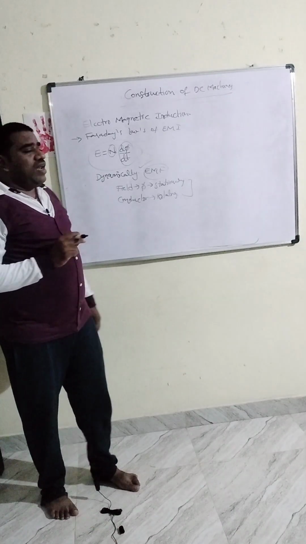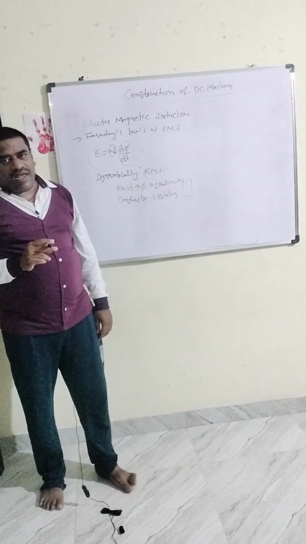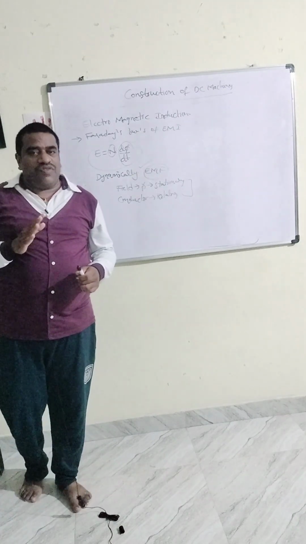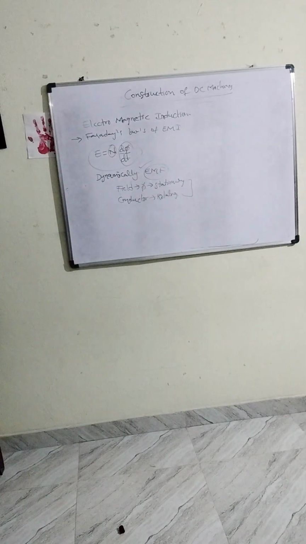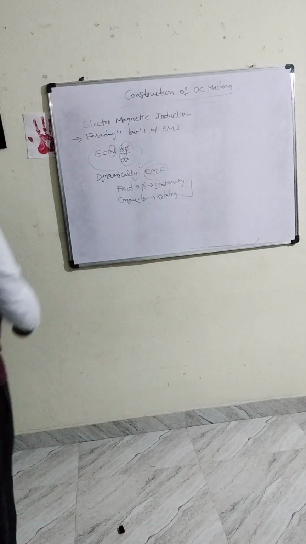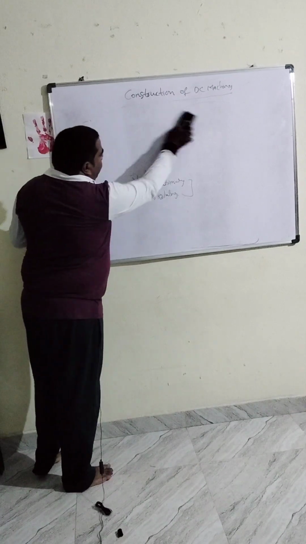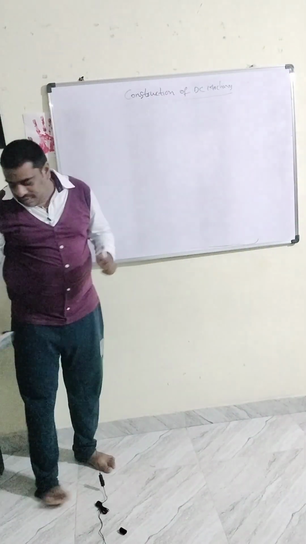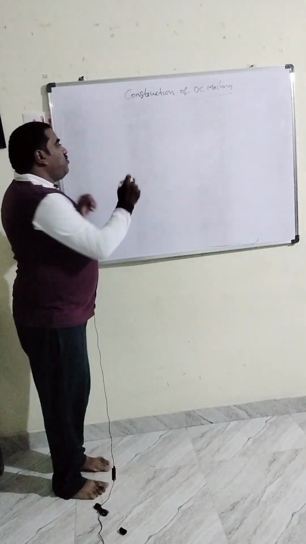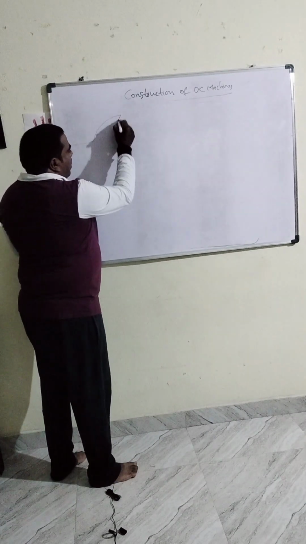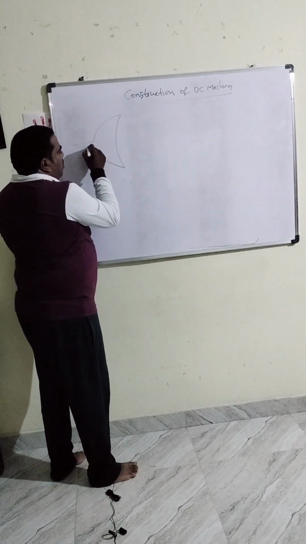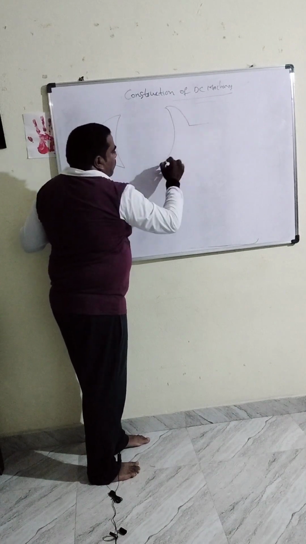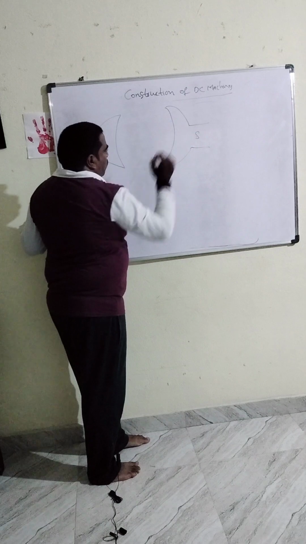For that, I am going to construct a diagram for the working principle of the DC generator. I am going to use permanent magnets with north and south poles instead of electromagnets.